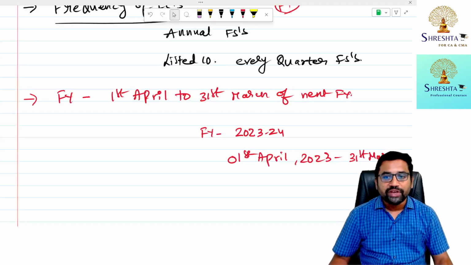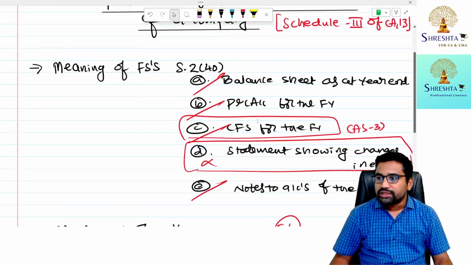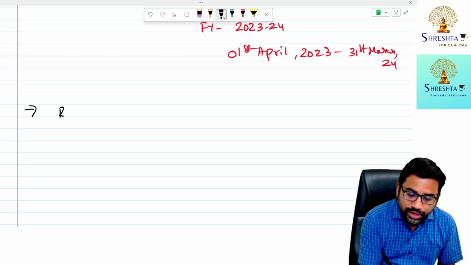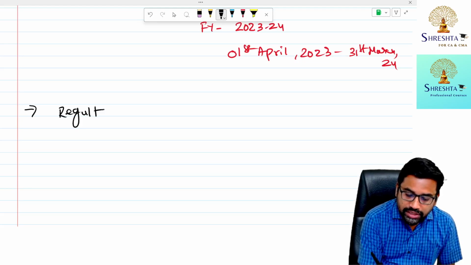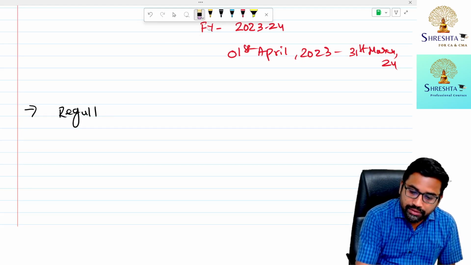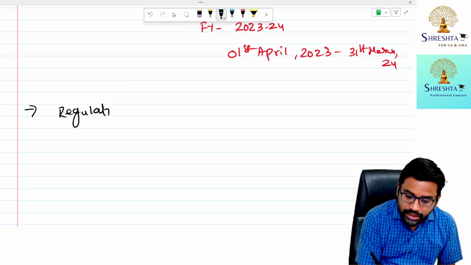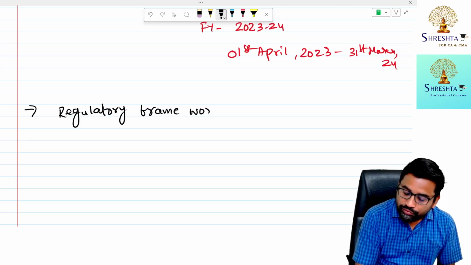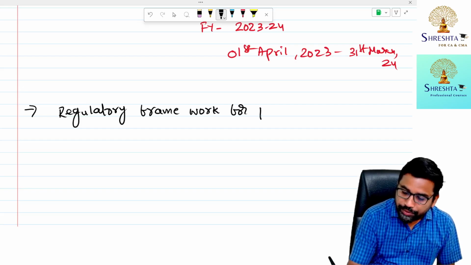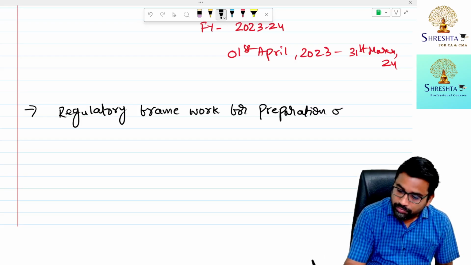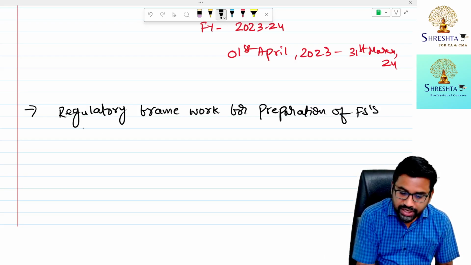Suppose you want to prepare financial statements of a company, what regulatory frameworks do you need to follow? Important, write this one: regulatory framework for preparation of financial statements.